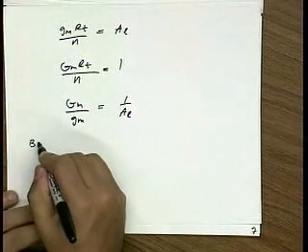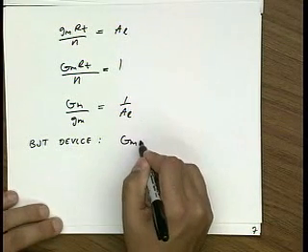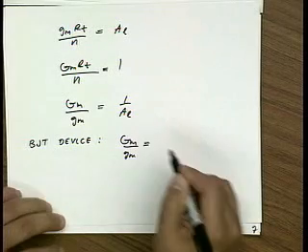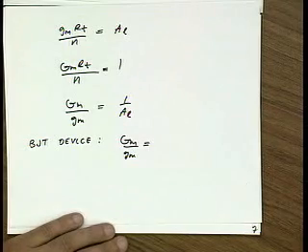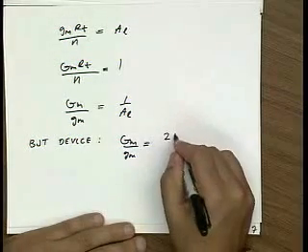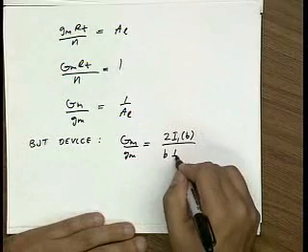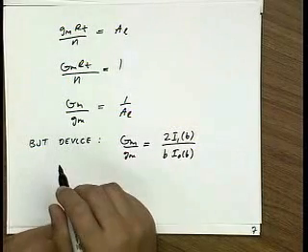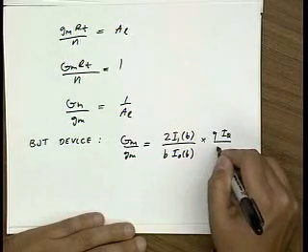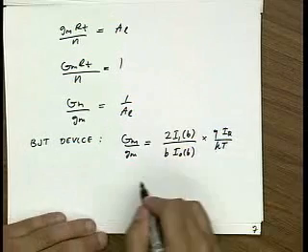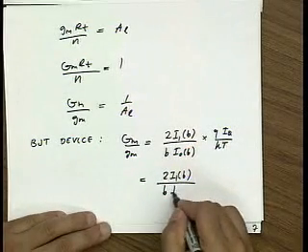For a BJT device, capital GM over little gm is basically 2 I1B over B I0B times QIQ over KT. Actually, it just simplifies to I1B over B I0B.